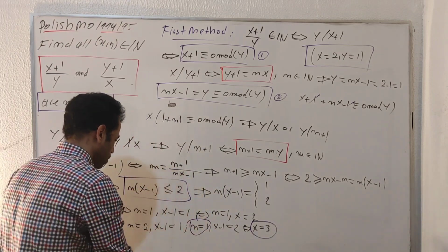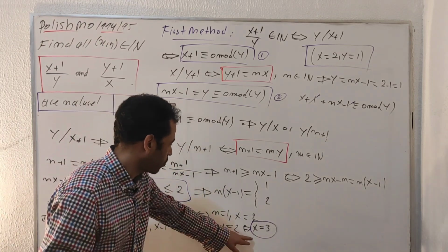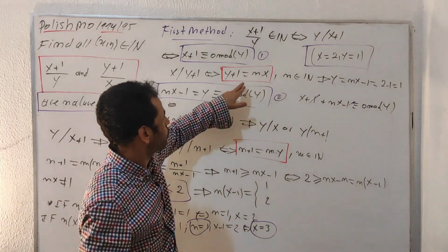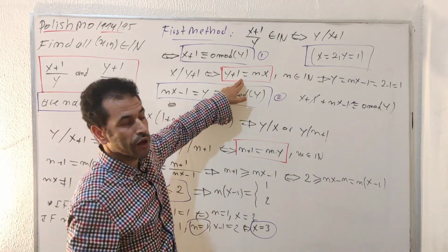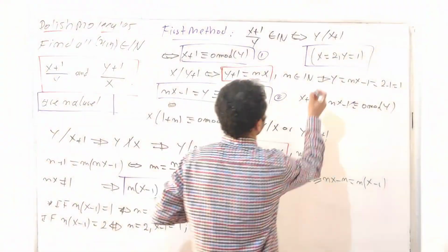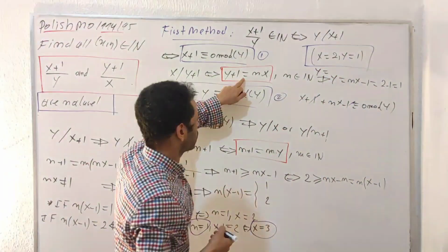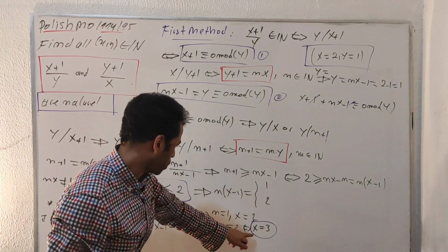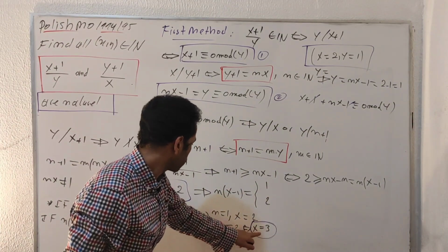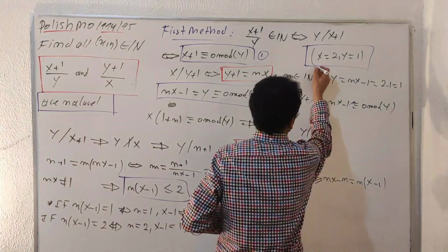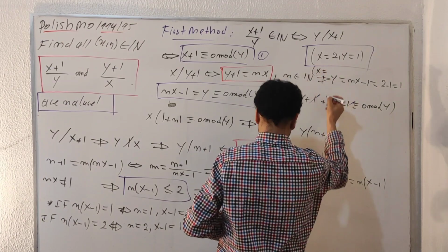Okay, so by taking this value of x and inserting it into the first equation to find another pair of the solution, which means y equals nx minus 1. nx, which is 3, multiplied by 1, is 3. I will have x equals 3.